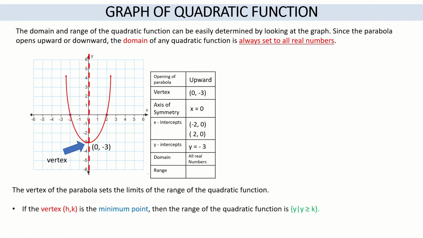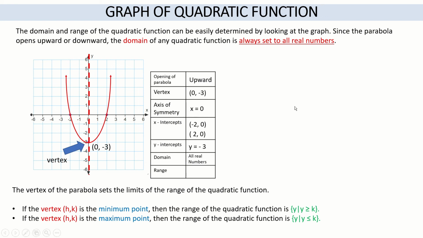If the vertex (h, k) is the minimum point, then the range of the quadratic function is y such that y is greater than or equal to k. If the vertex (h, k) is the maximum point, then the range is y such that y is less than or equal to k. In our example, notice that the vertex is the minimum point, or the parabola opens upward.